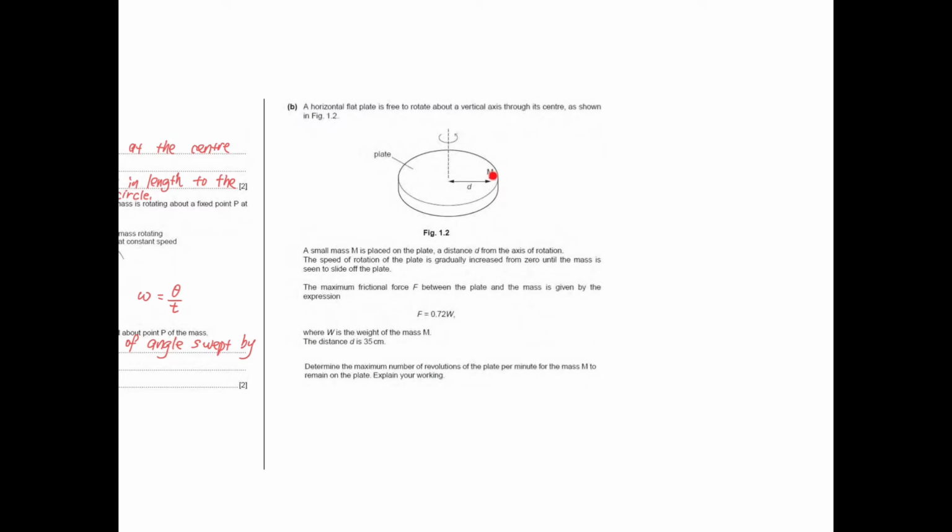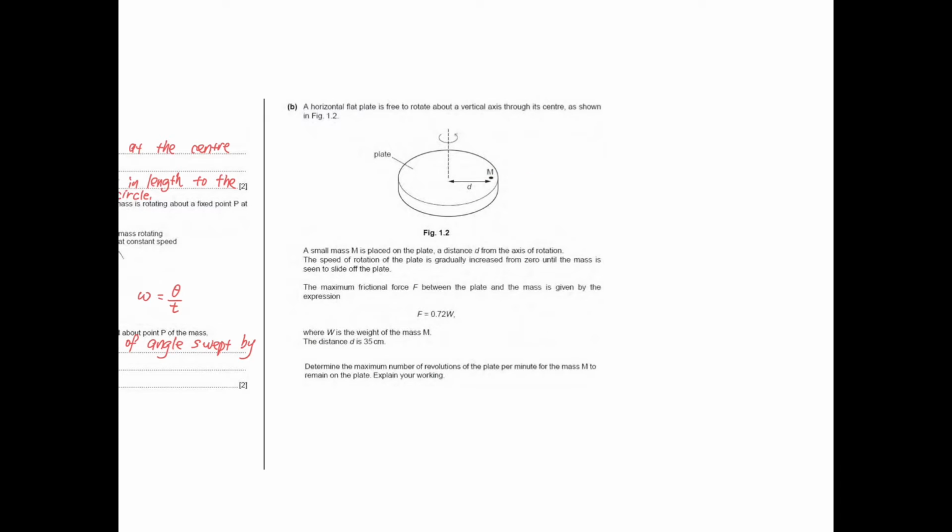So you can see the mass m is there. The speed of rotation of the plate is gradually increased from 0 until the mass is seen to slide off the plate. Okay, so imagine it is moving faster and faster. At the end, it slides off.